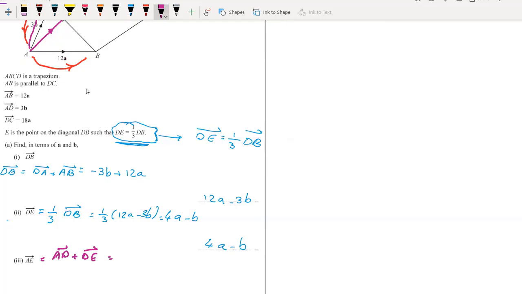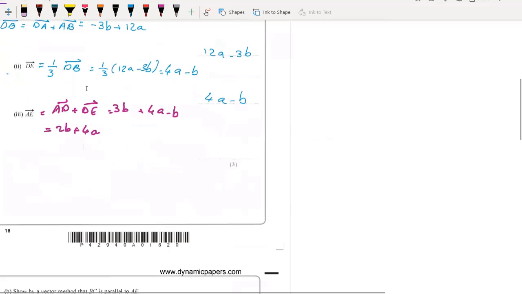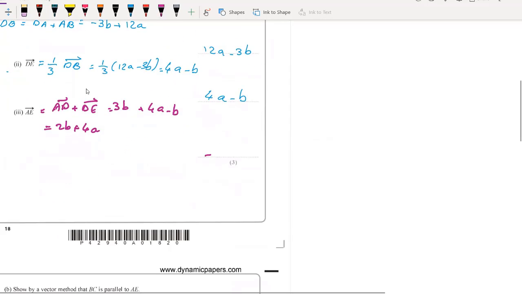Now, AD vector is already known, 3b. DE vector is already known, 4a minus b, from the previous step. We simplify 3b minus b, it gives 2b plus 4a. So the answer is 2b plus 4a.